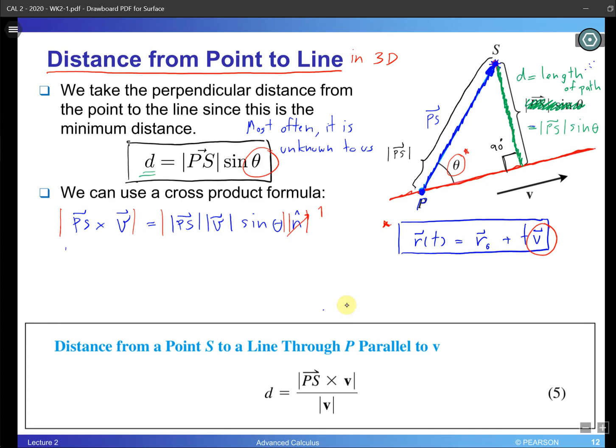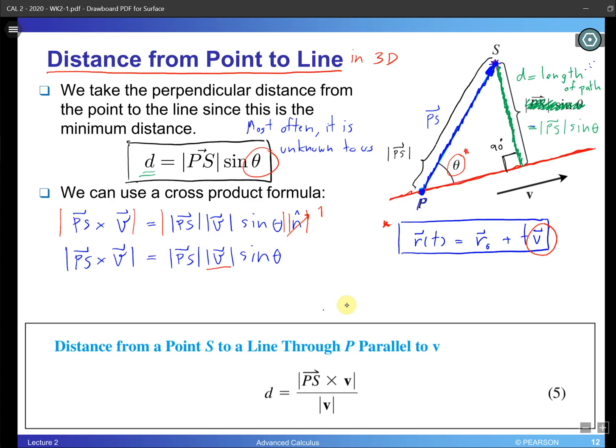At the end I have this absolute value of PS cross V equal to absolute value of PS, absolute value of V, sine theta. Alright, and I am going to move this absolute value of V to the other side.